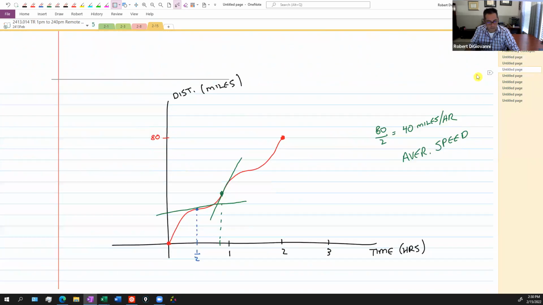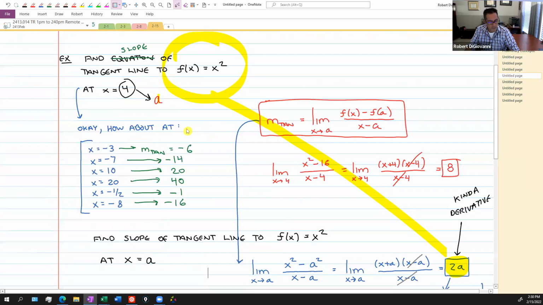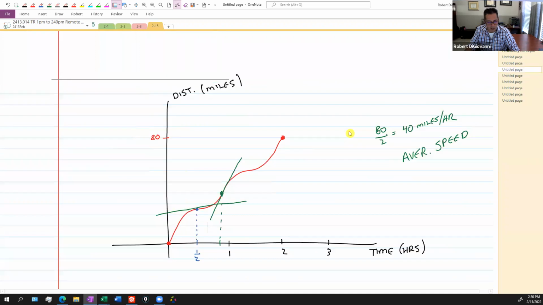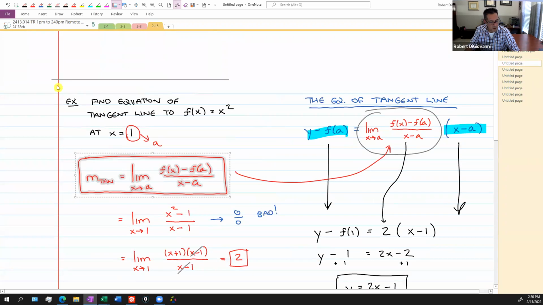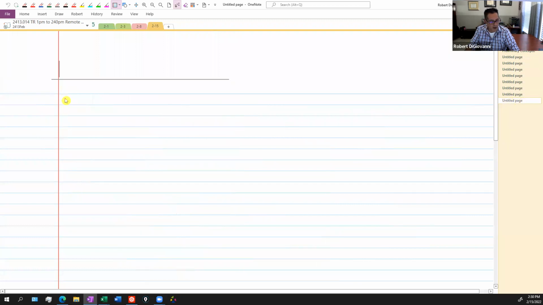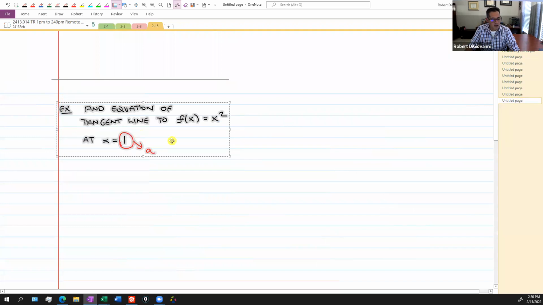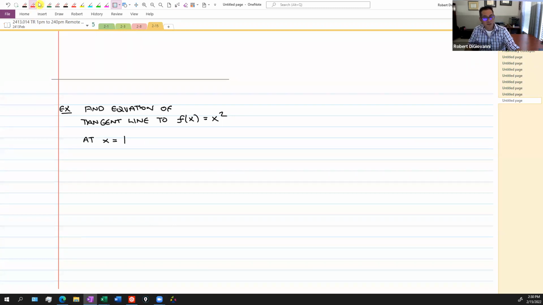Let's do this one. Where's the one that had a 1? Hold on. This one right here, right? Remember this one? I asked you to find the equation of the tangent line here. Remember we did that? Okay, the first thing we did was we found the slope of the tangent line first.